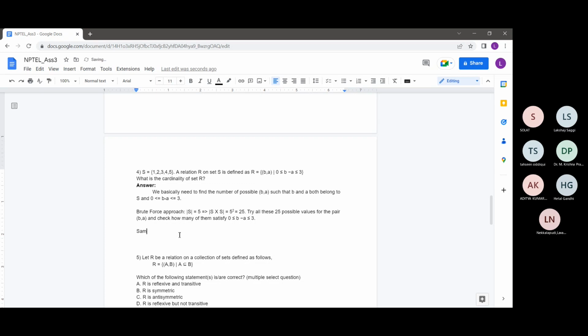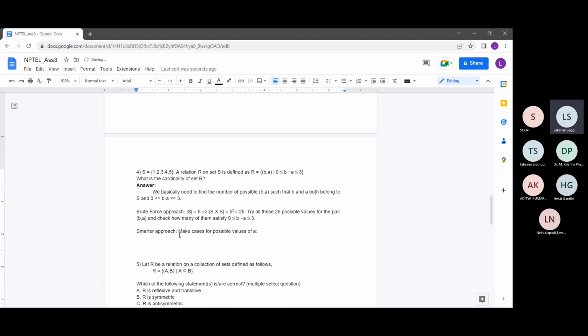So a smarter approach, I feel, would be to make cases for the possible values of A. Since A and B both take values from 1, 2, 3, 4, 5, A will either be 1, 2, 3, 4, or 5.